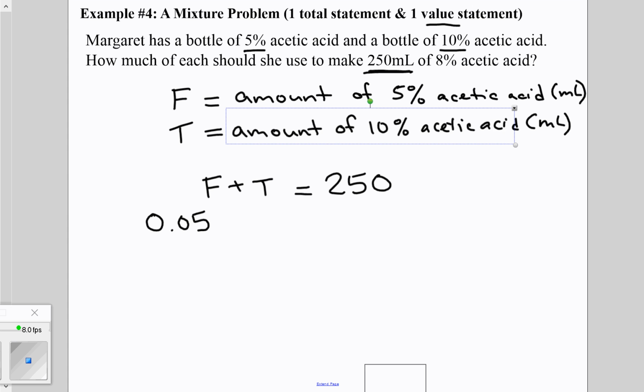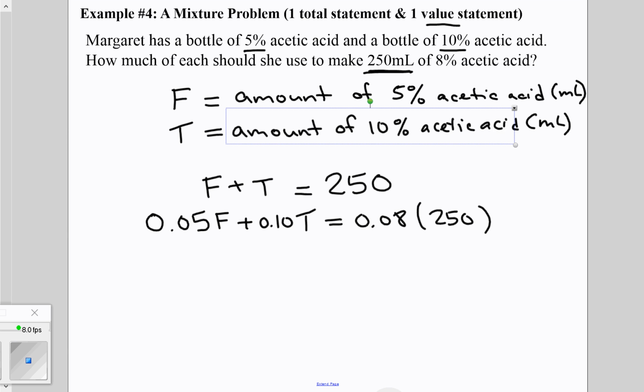It'll be 5% of the amount of liquid, that's 5% acetic acid, plus 10%, and the 0 at the end might not be necessary, but we can include it just to make it clear, multiplied by the amount of 10% acetic acid. So the strength is 5% of this plus 10% of that equals a new acid that's 0.08, 8%, of the total, which is F plus T, and we know that that's 250 milliliters.